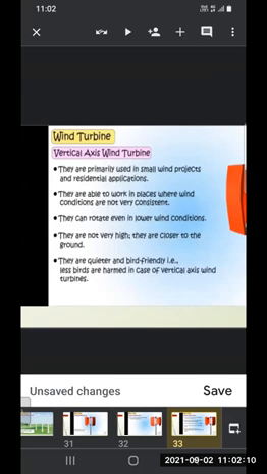They are quieter and bird friendly, that is, fewer birds are harmed in case of vertical axis wind turbines, as the wind flow is high and the blades are rotating. If the birds are flying near, then the birds get harmed and they die. So in the case of vertical axis wind turbines, fewer birds are harmed.